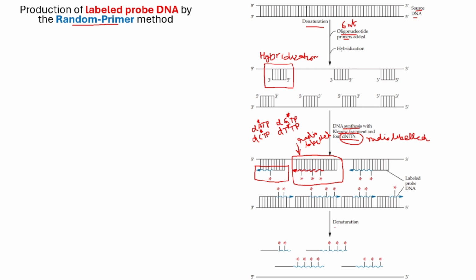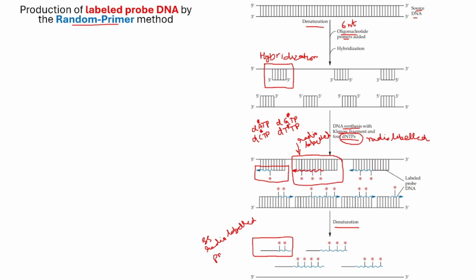So we let it denature, again a denaturation step, and we get the single stranded radiolabeled probe. So by the random priming method we can make a single stranded radiolabeled probe.